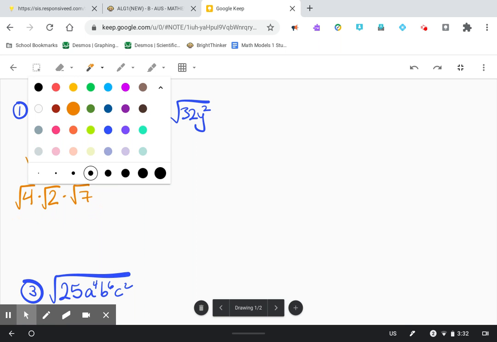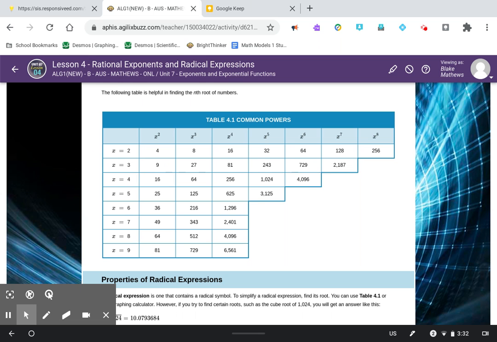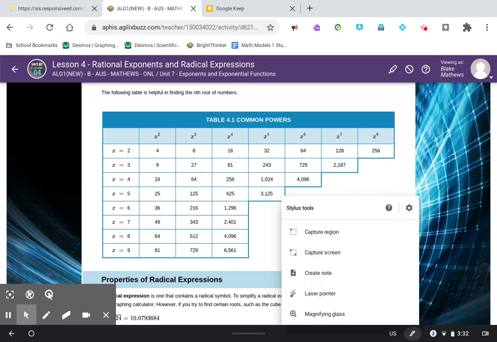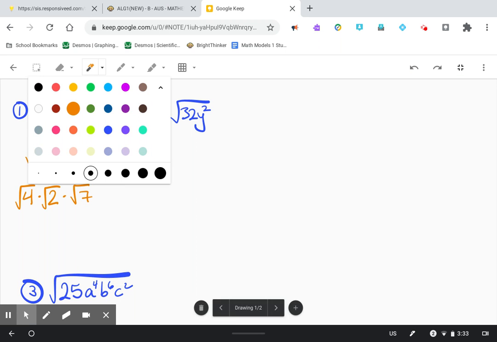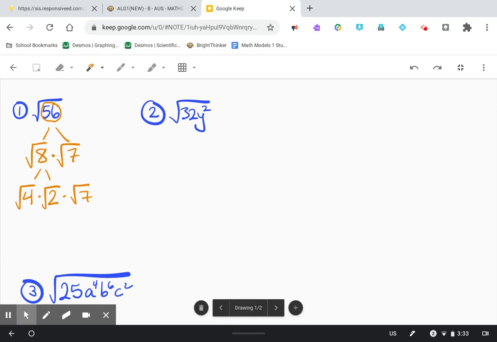And then this is where you need to use our little chart. I see right here that the number 4 is on my chart. It's right here. 4 is 2 squared. And since I have a square root, and it says the square root of 4, that means the square root of 4 is 2.